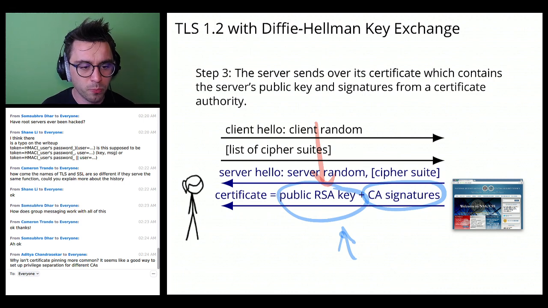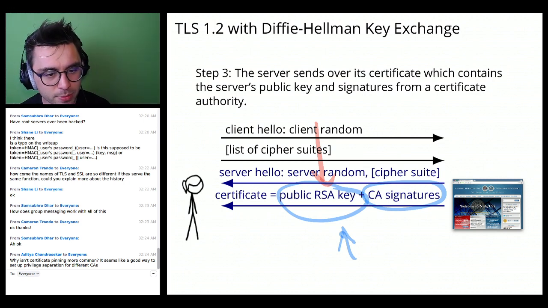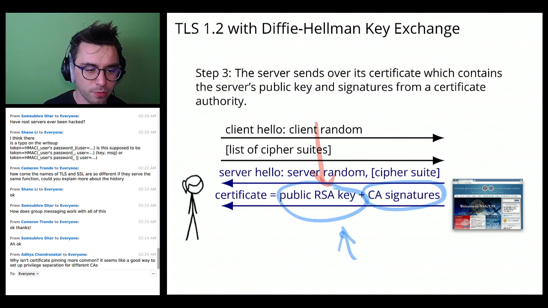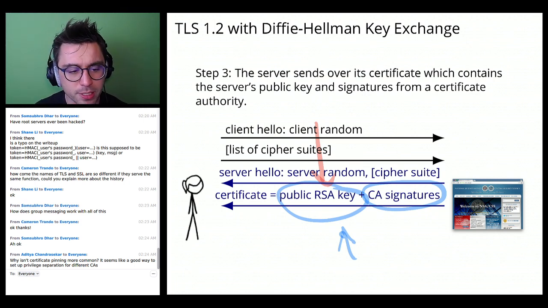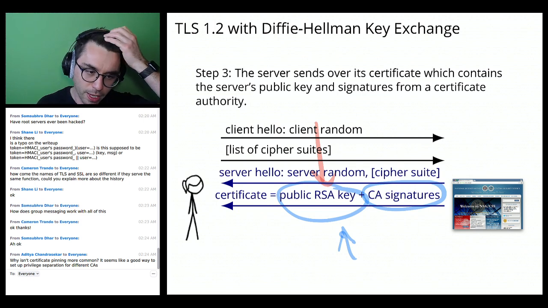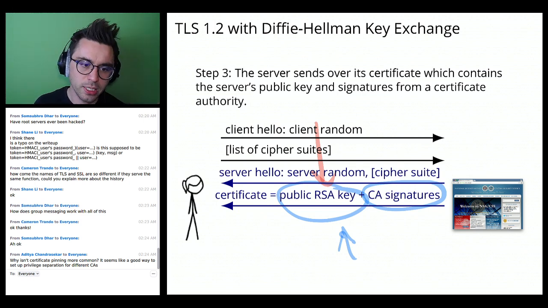Why isn't certificate pinning more common? It seems like a good way to set up privilege separation for different CAs. I don't completely understand the privilege separation bit, maybe you can clarify that. But one of the reasons we don't really do certificate pinning is that it can be tricky.